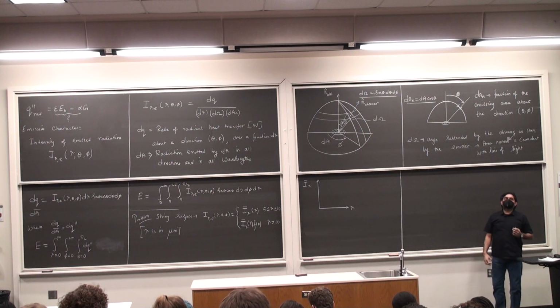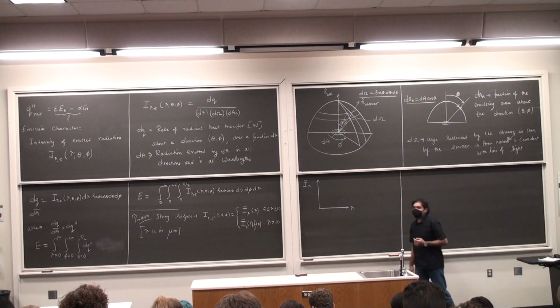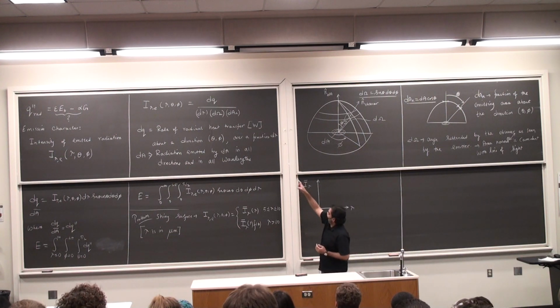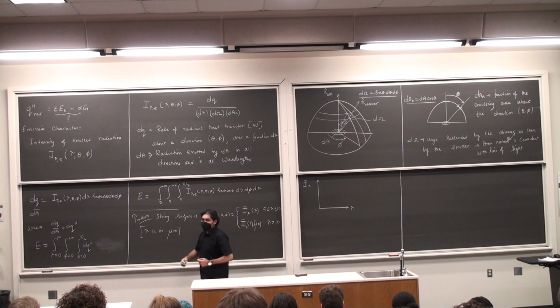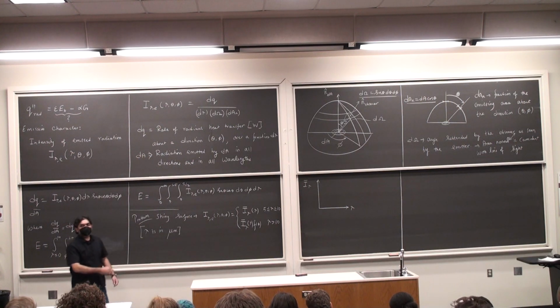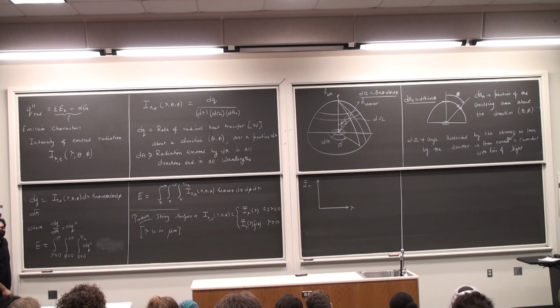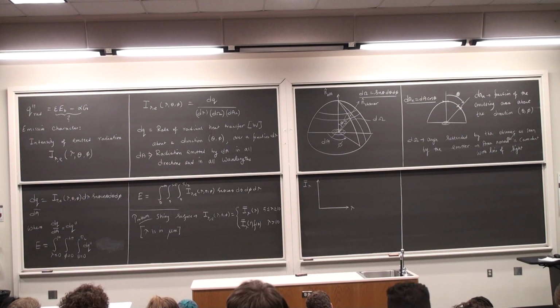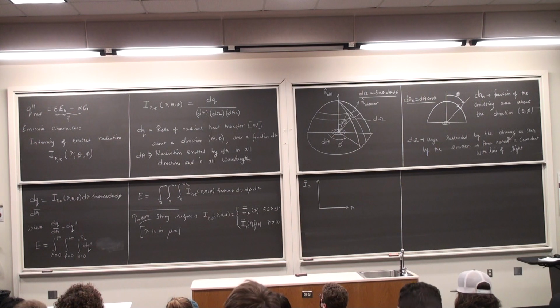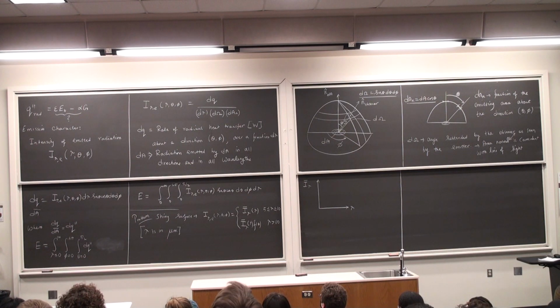Can somebody tell me the units for I lambda comma E? We have this ratio there. What's the numerator? What's the first term in the denominator? d lambda is wavelength.